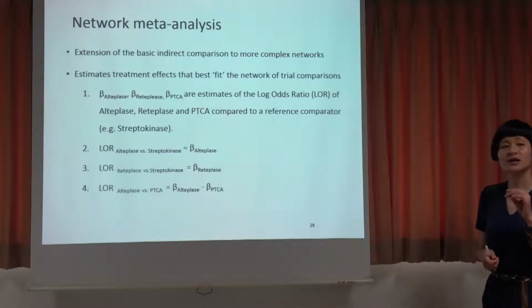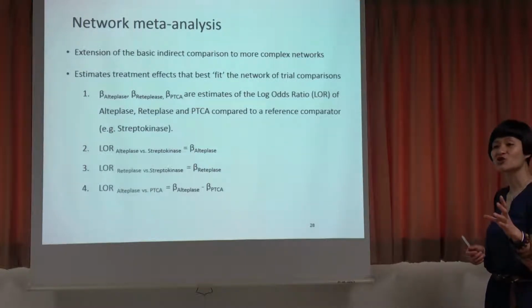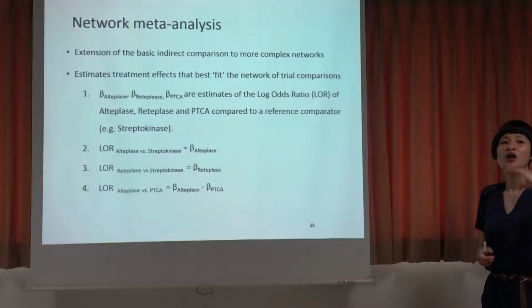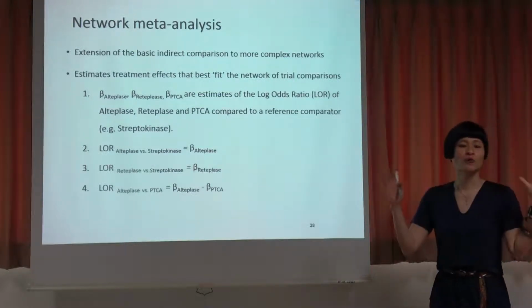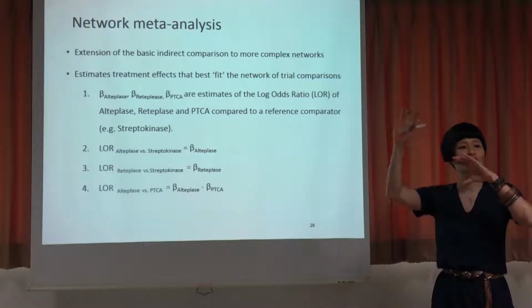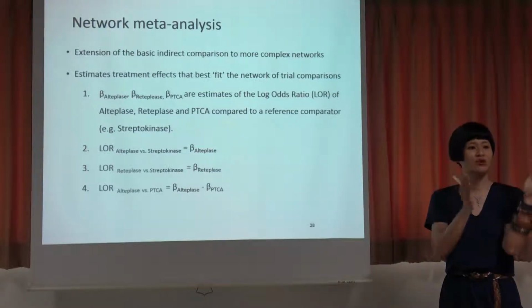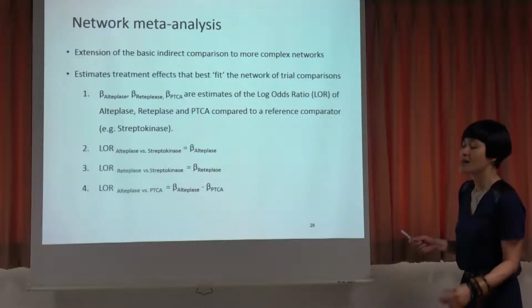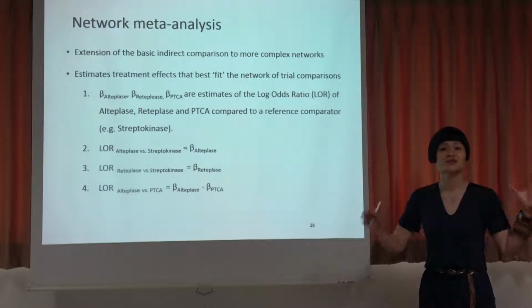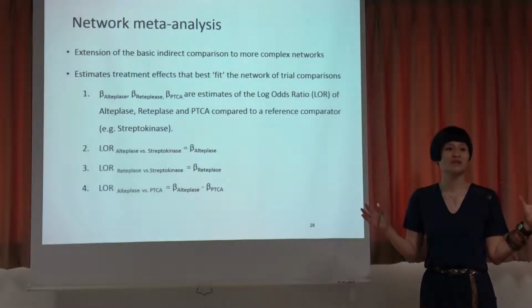And so, taking the adjusted indirect comparison to the next level, to network meta-analysis, because if you remember the network that you've built, potentially you've got lots of these little triangles that you can draw from. And what you're doing in the network meta-analysis is estimating all of this simultaneously.